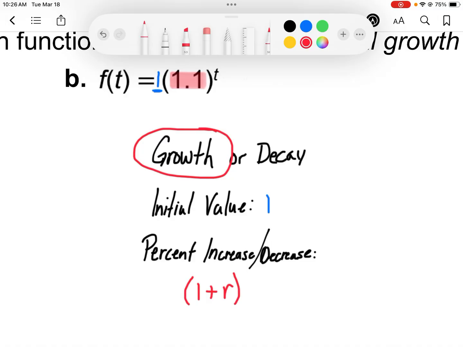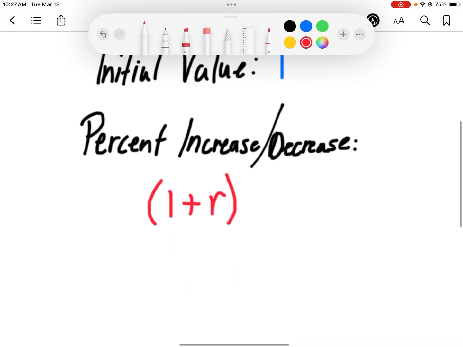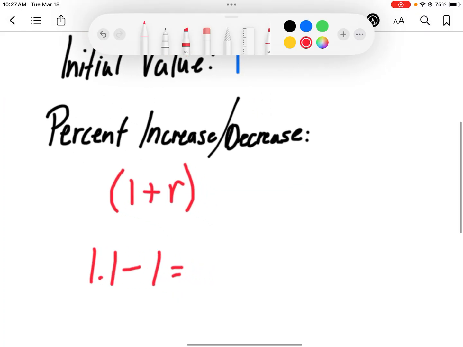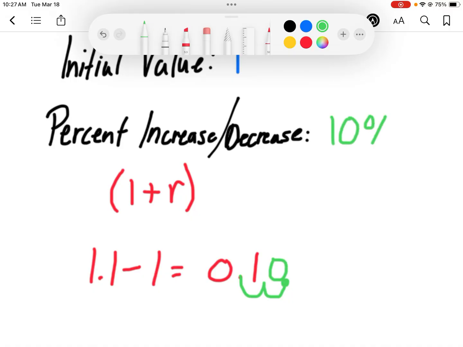We're looking for r. So that means we added a number to 1. So if I want to know how much bigger this is than 1, I can go ahead and subtract 1.1 minus 1. That gives me 0.1. If I make this decimal into a percent, I move to the right 2 spots and fill in a 0. I am increasing by 10%.